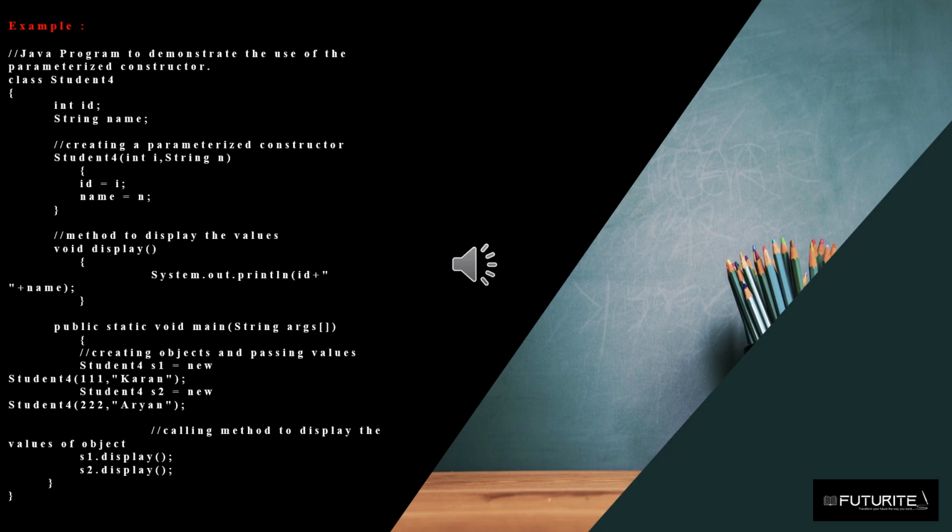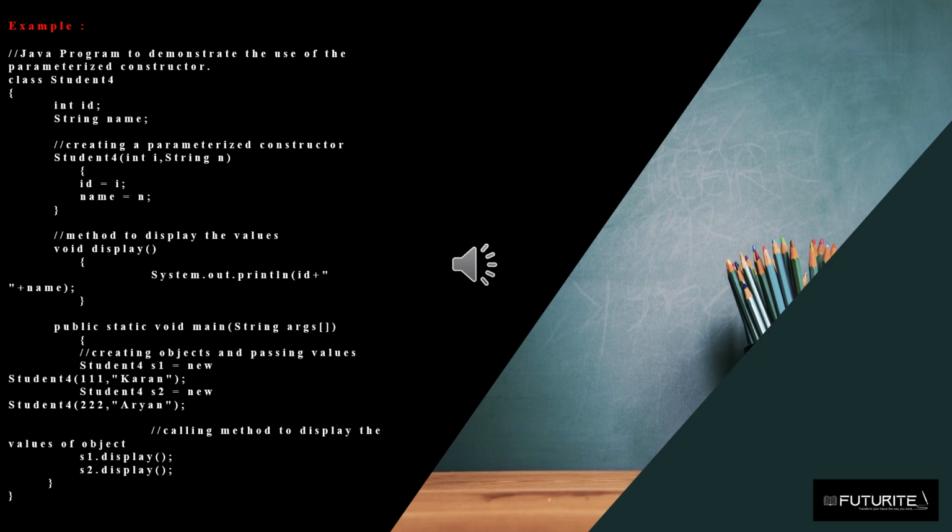There are two parameters, int i and string n. The parameter i, which has a data type of int, we are initializing to the id variable, and n we are initializing to the name variable. Now there is a method display, where we are displaying with System.out.println id plus name, same as the previous example.